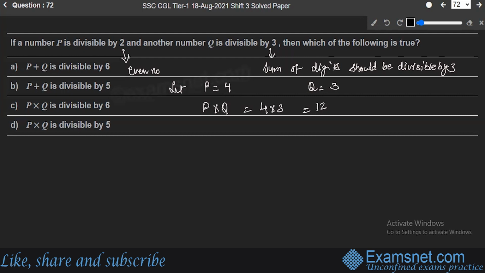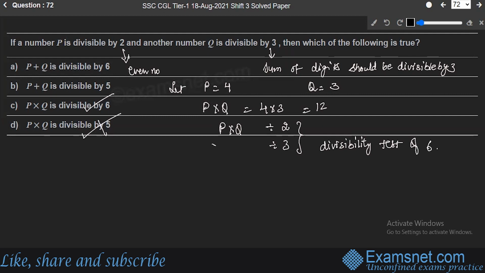See, this number p multiplied by q is divisible by 2 as well as divisible by 3, which is actually the divisibility test of 6. So that means only option C is correct: p multiplied by q is divisible by 6.